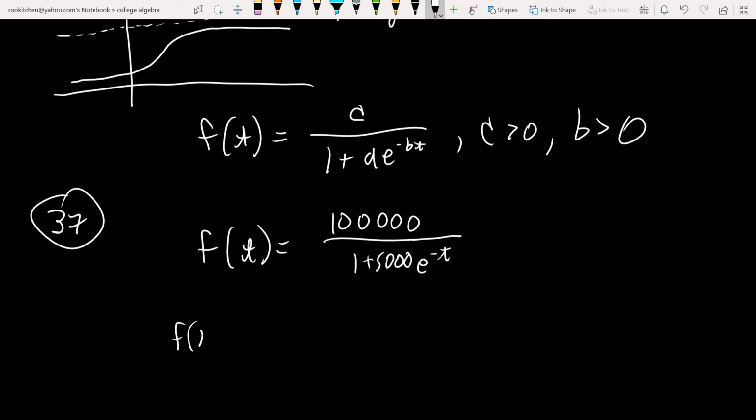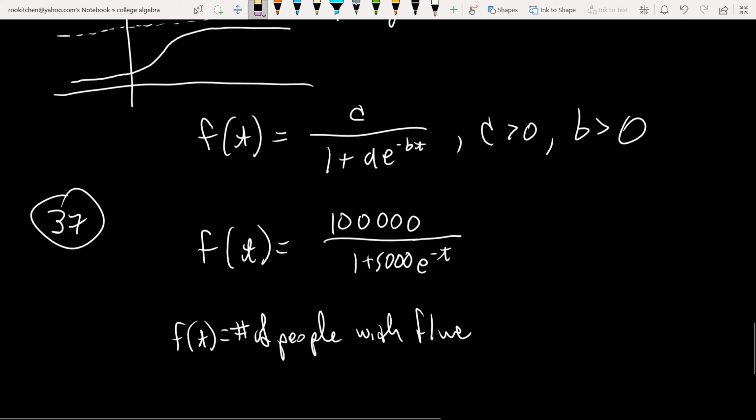Okay, so f of t equals the number of people with flu. I misspelled flu. With flu, t weeks after the initial outbreak.